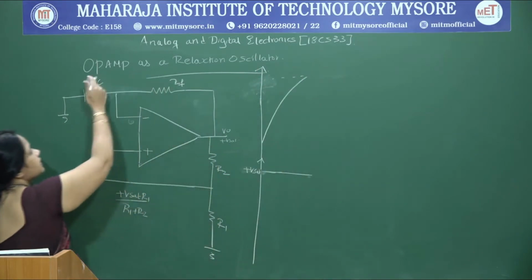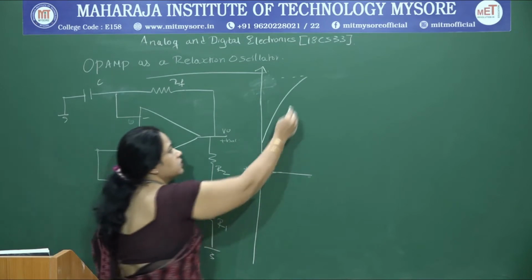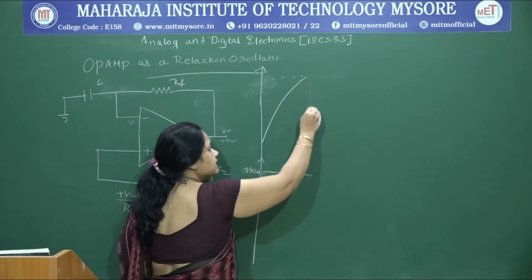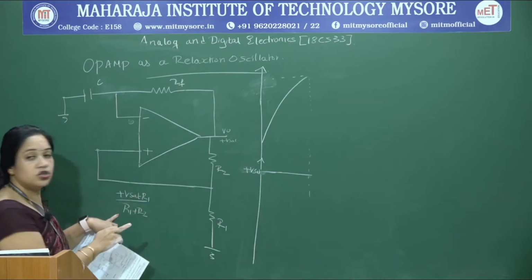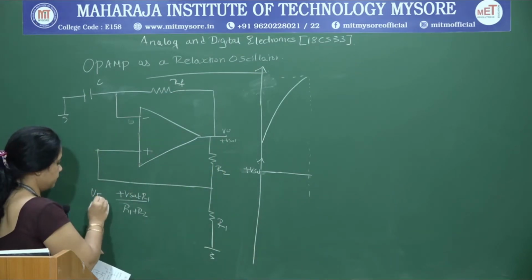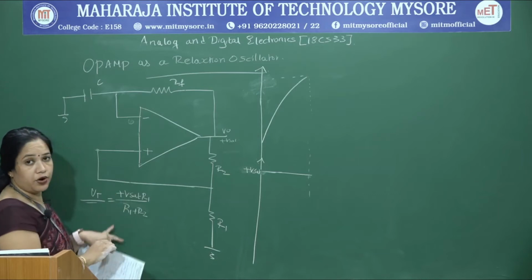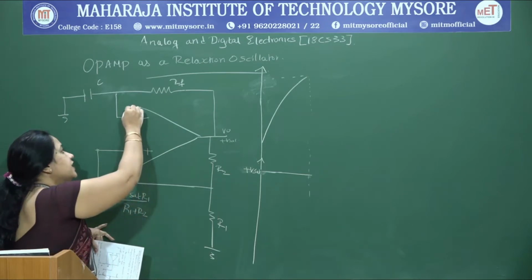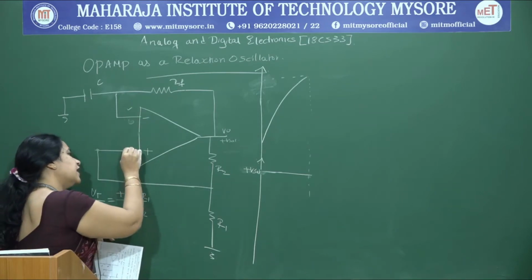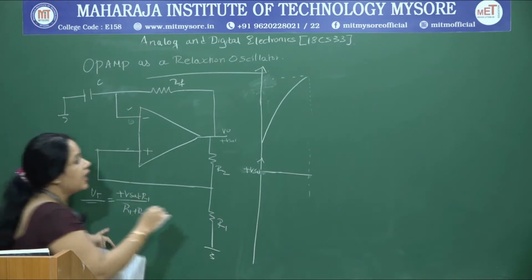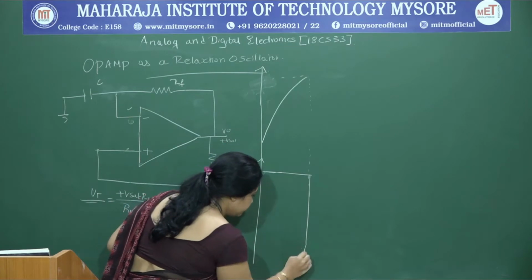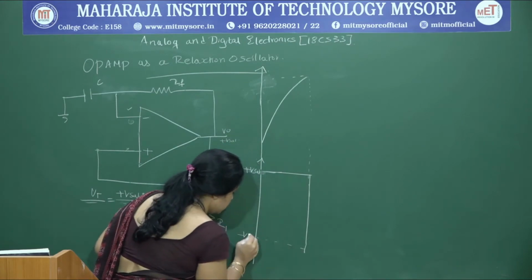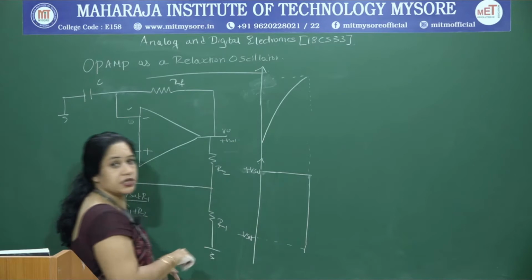Through this resistance, the capacitor gets charged, and once the capacitor voltage crosses the upper threshold point, the voltage at the inverting terminal becomes greater than at the non-inverting terminal. As a result, the output switches to minus V sat.